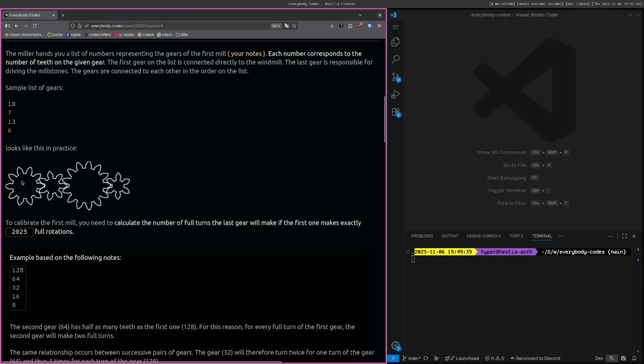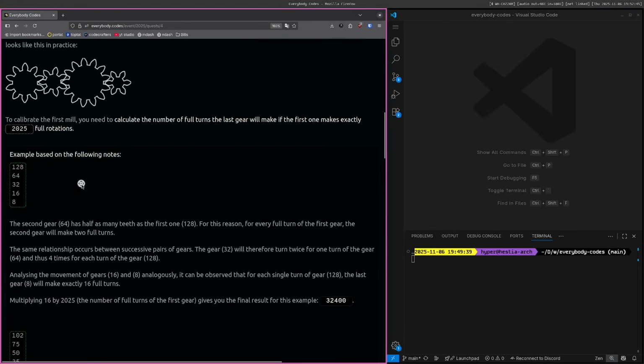And so because the left one has 10 over 7 times more teeth than the right side, the right one is spinning 10 over 7 times faster than the left side. If we look at this example, every time this gear makes 7 full rotations, this one makes 10 full rotations, and so on and so forth.